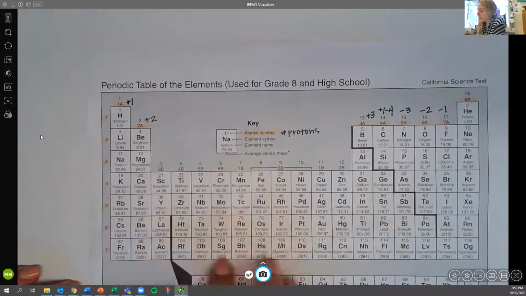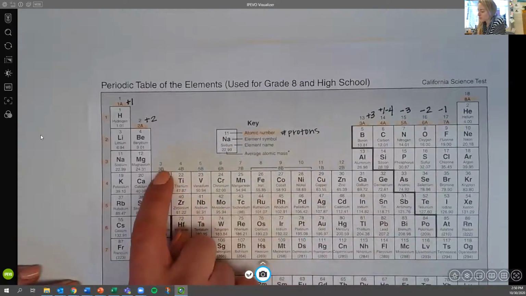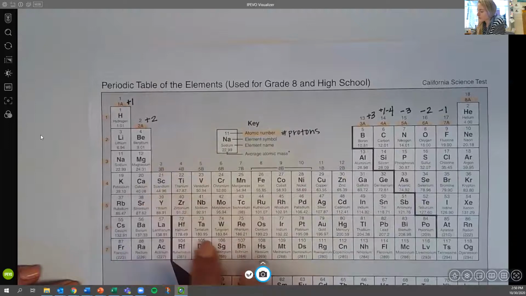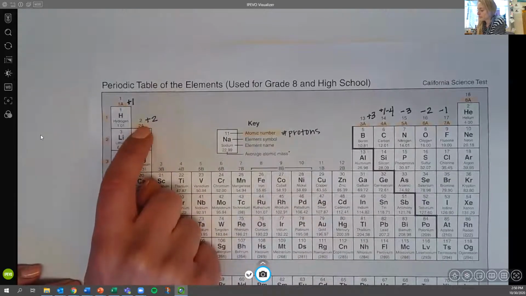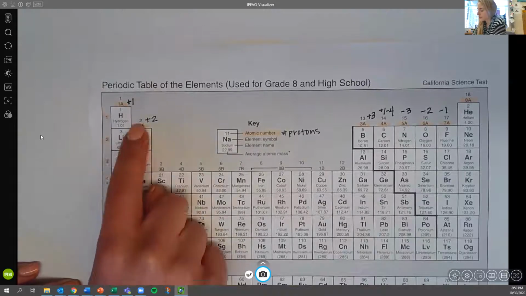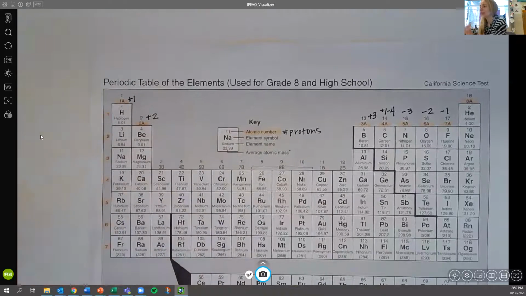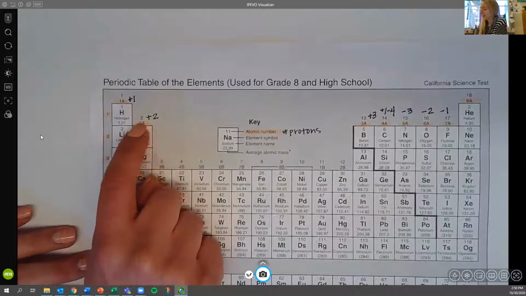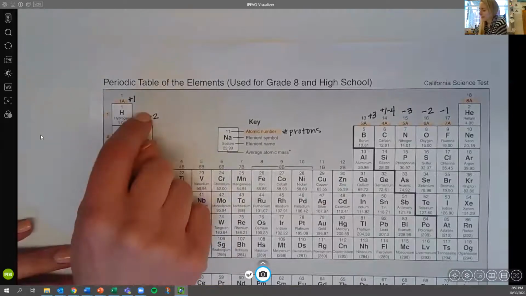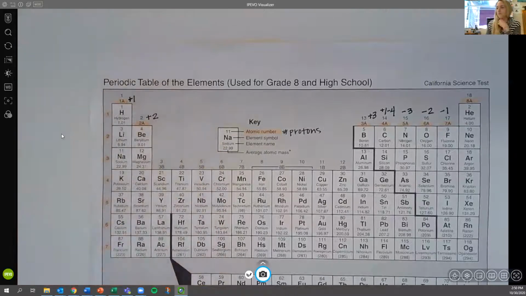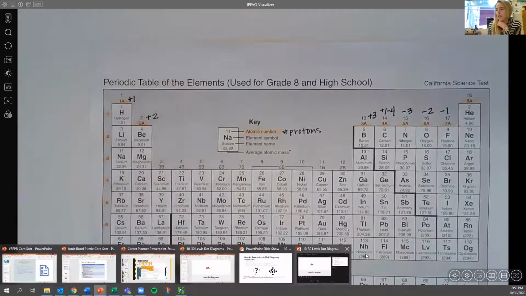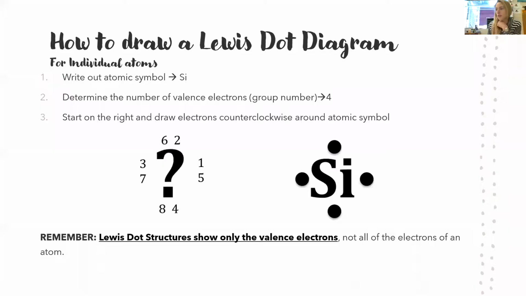When it comes to the D block, these ones do not correspond with their number. So these ones all, for the most part, have 2 valence electrons. So only the number next to the A tells us what's going on in that column. So I highly suggest you highlight that and just give yourself a pointer that tells you the number of valence electrons in the column. All right, flipping back to the PowerPoint.